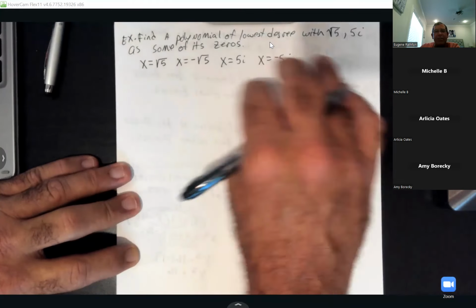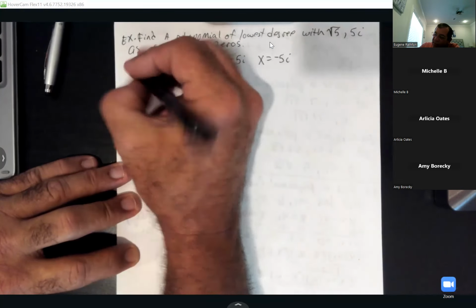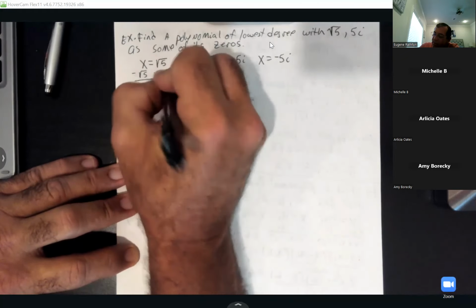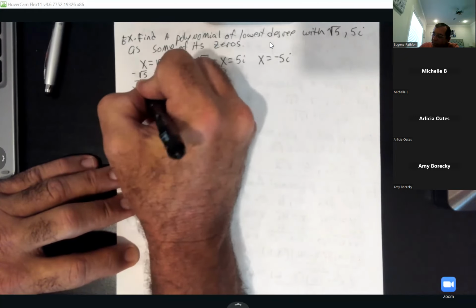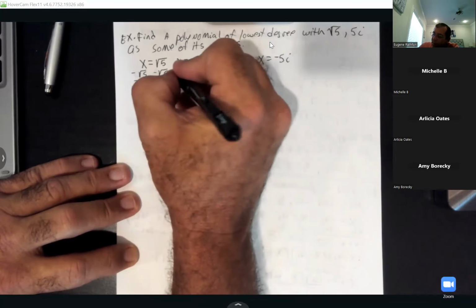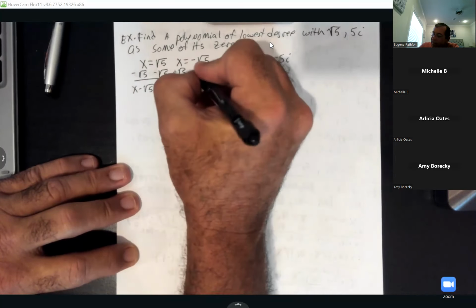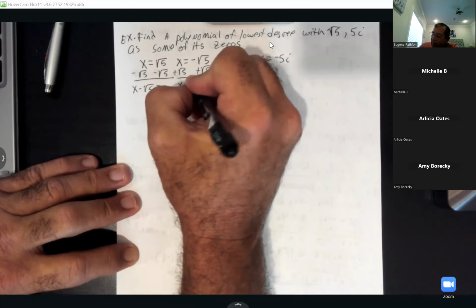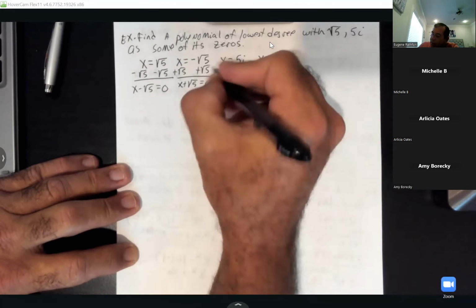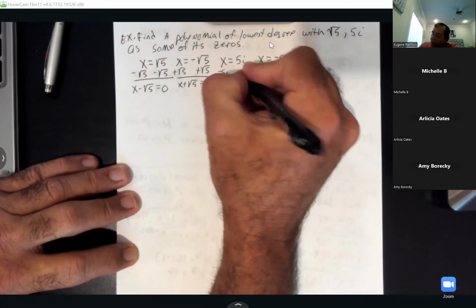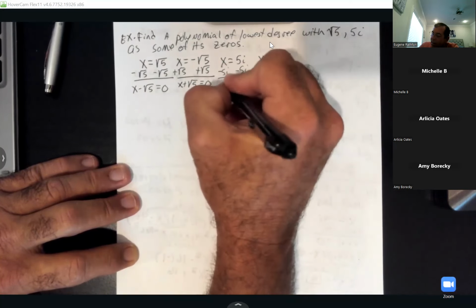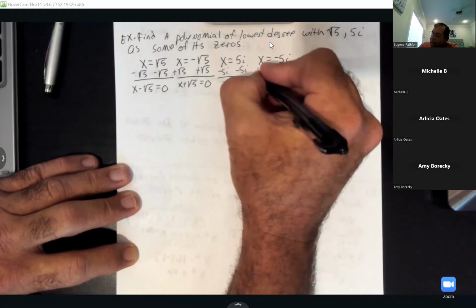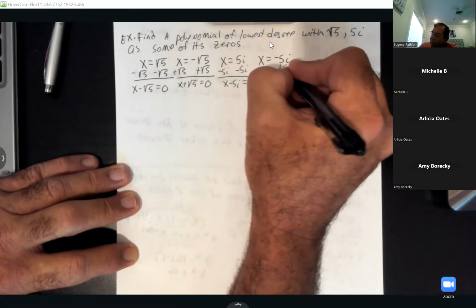So let's add and subtract to get our zeros. So we'll do minus square root of 5 on the first one. Plus square root of 5. I'll subtract 5i on the third. And then finally add 5i to that last one.